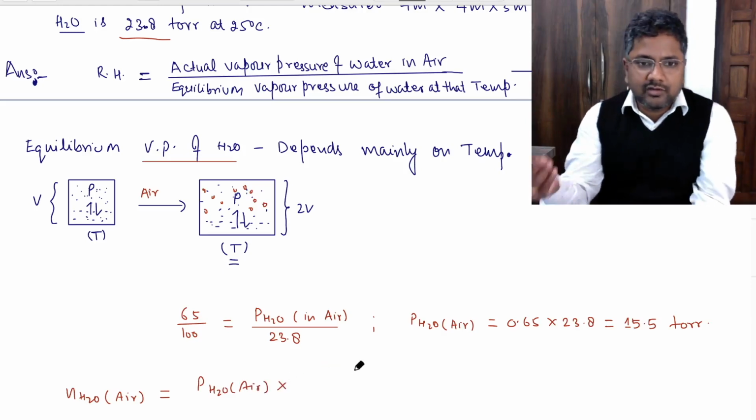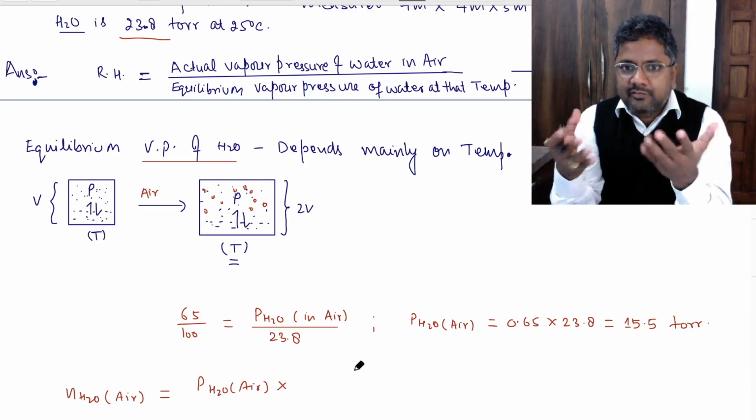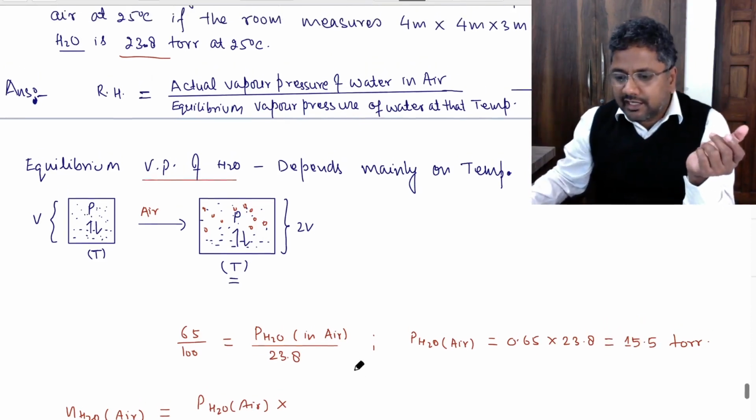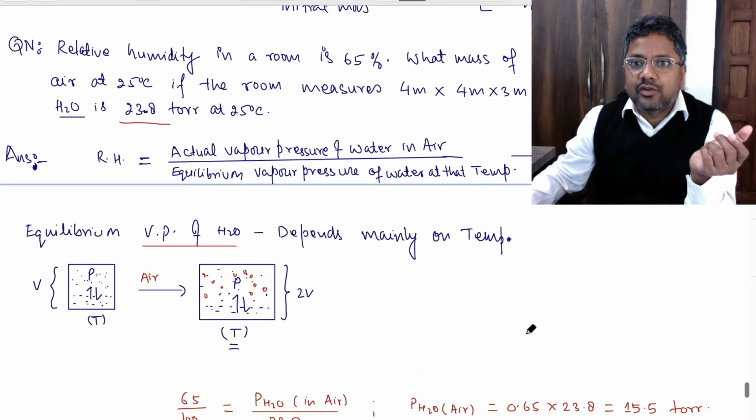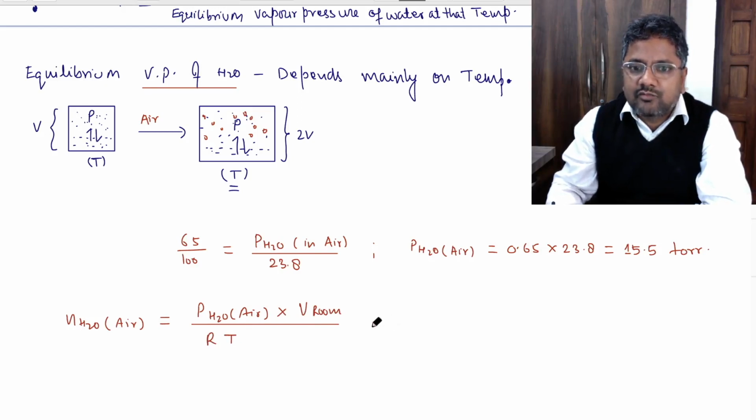All of you know that the volume is the same because the room dimension is given. I think this is 4 into 4 into 3, so the volume of the room, divided by R into T.